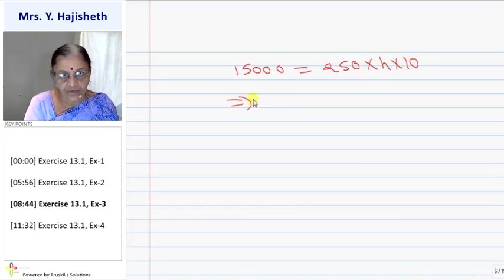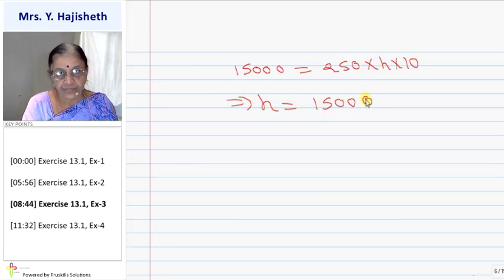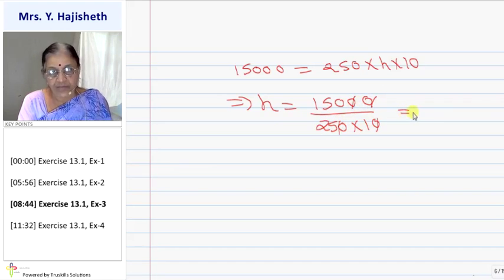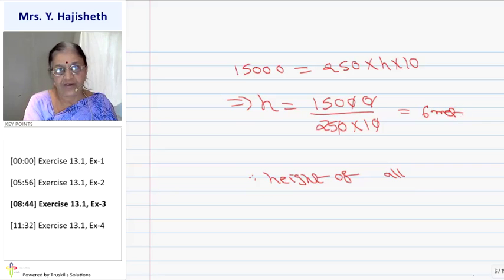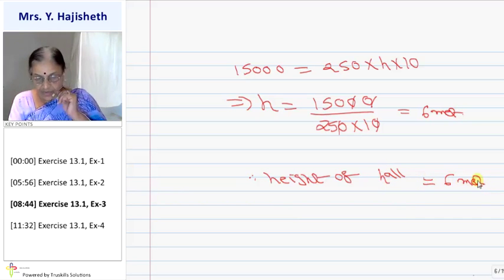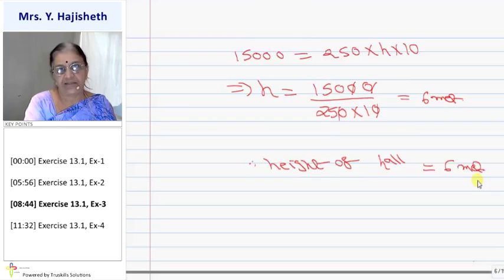So my height is 15,000 upon 250 into 10. 2 zeros cancel. 150 divided by 25, so it is 6 meter. So therefore height of hall is 6 meter. Okay. Height of hall they have asked and that is 6 meter.